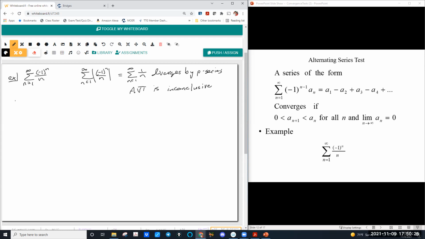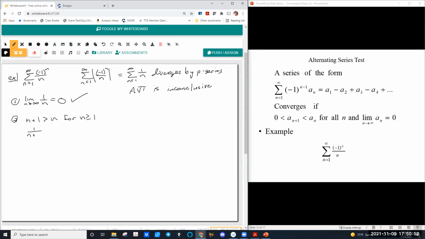All right, well, it's alternating. Check. Limit as n goes to infinity of just the sequence part, not the alternating part, of 1 over n equals 0. Check. Two, very similar to the last one. n plus 1 is clearly greater than n for n greater than or equal to 1.